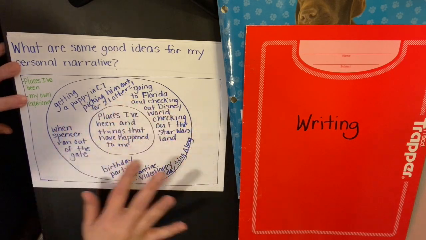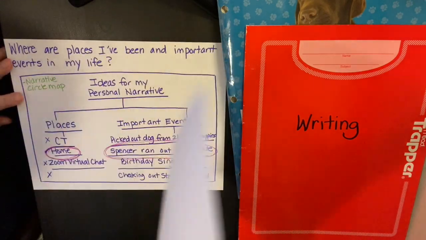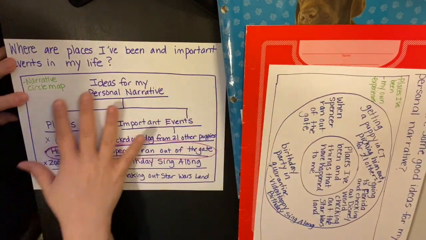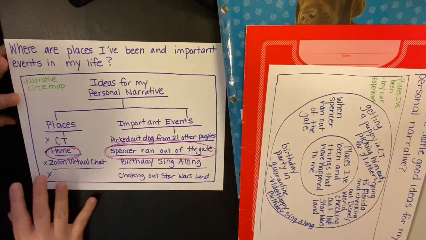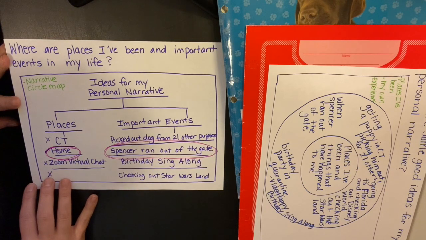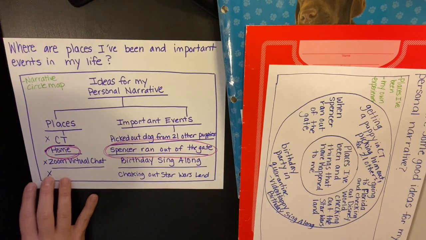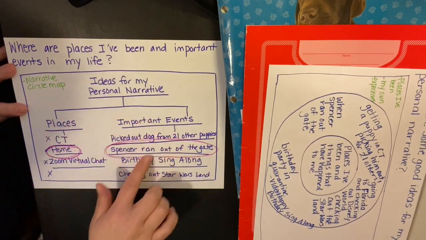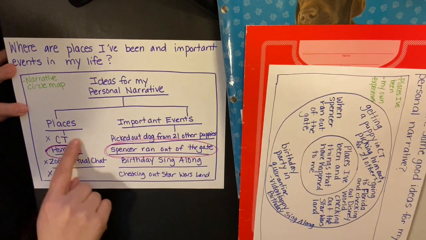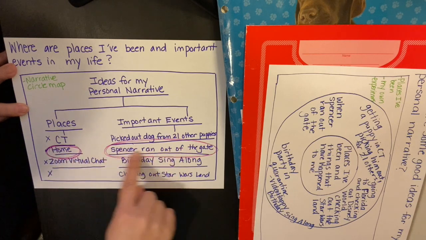So I had all of these ideas here, and then the next thing I needed to do was I needed to organize them before I could figure out which one made the most sense to me to be my best personal narrative idea. So after I did that, I came up with this one. The place was in my home, and my dog Spencer ran out of my gate.